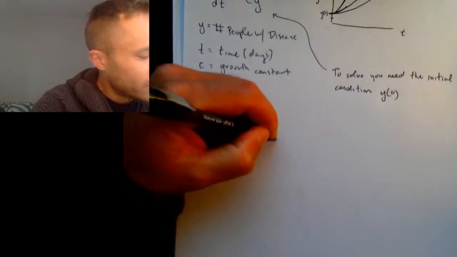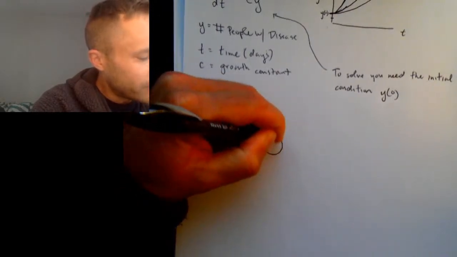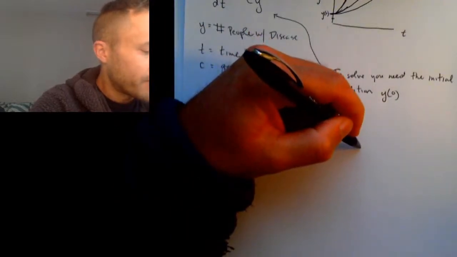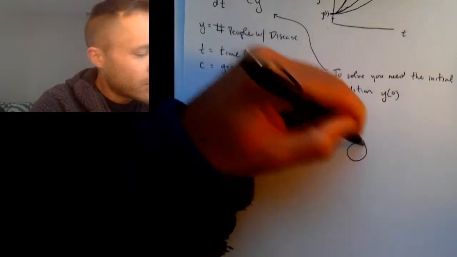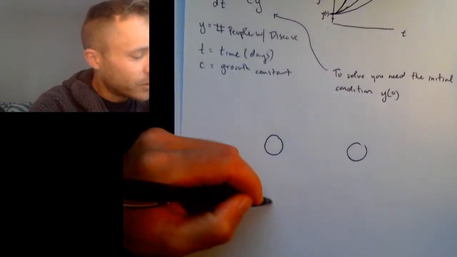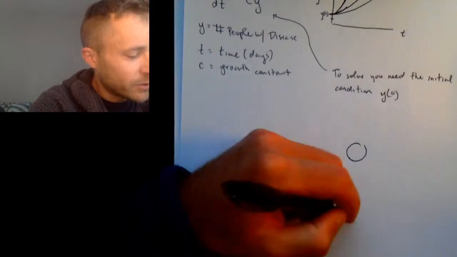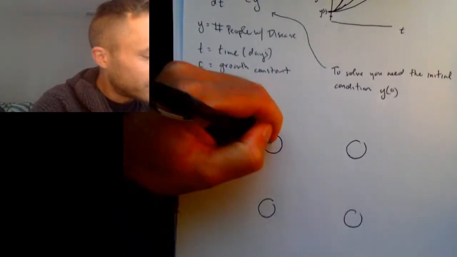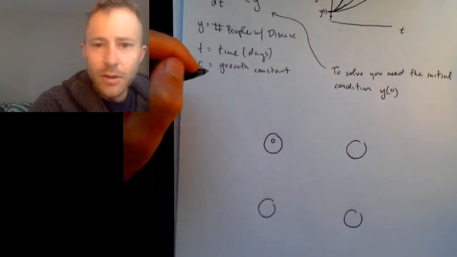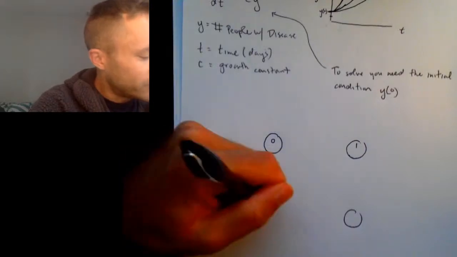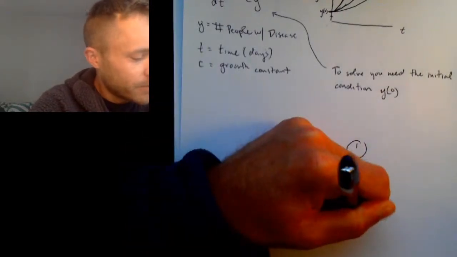Because this is computer science, we're going to start out our countries with 0. So we have country 0, country 1, country 2, and country 3.